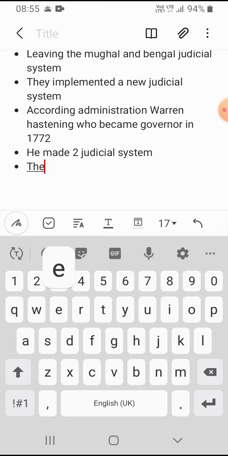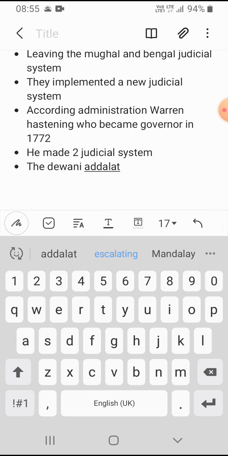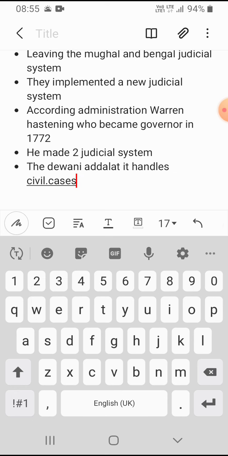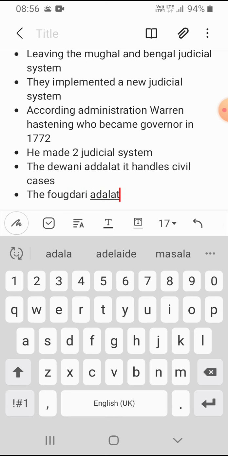One is the Diwani Adalat, which handles civil cases, and another is the Faujdari Adalat, which handles criminal cases.